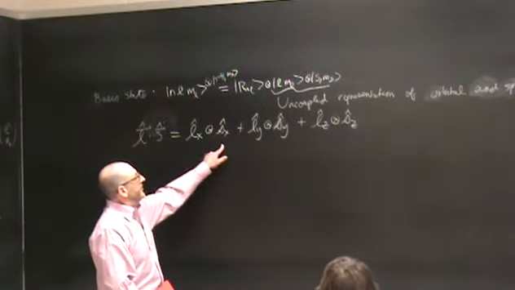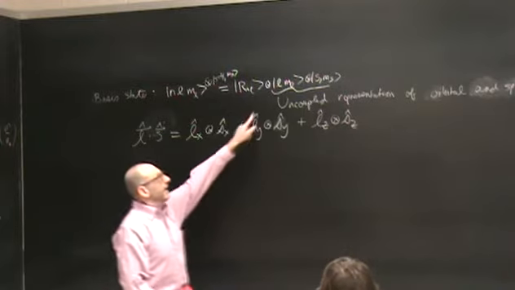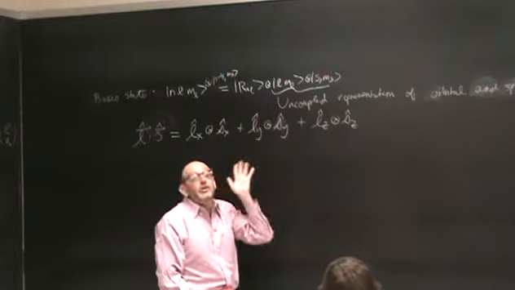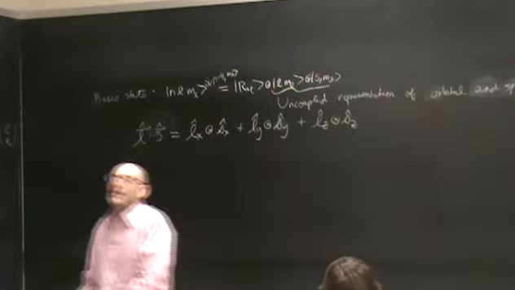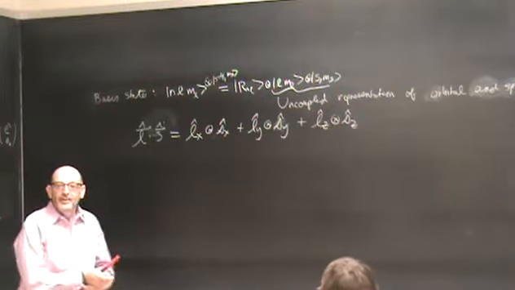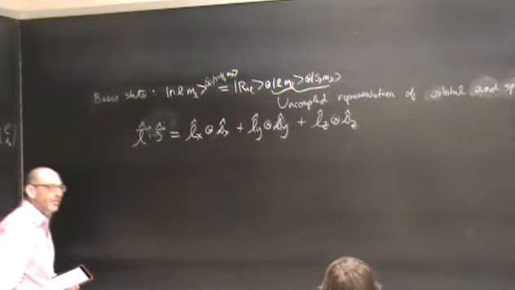Write out this operator as a matrix in this basis and then diagonalize it. We could do that, but we're not going to, because we could do this much more simply by a trick that we're going to use over and over and over again.